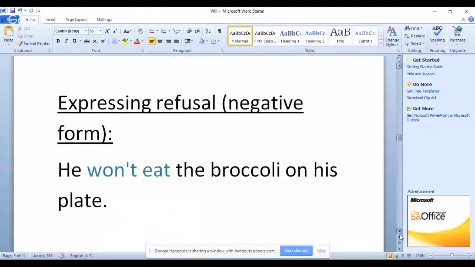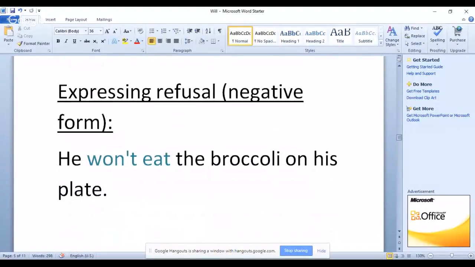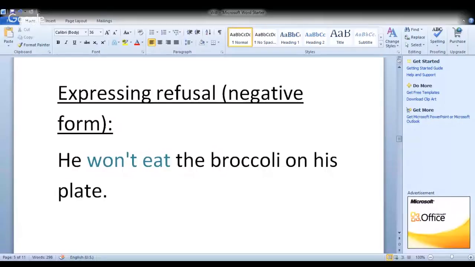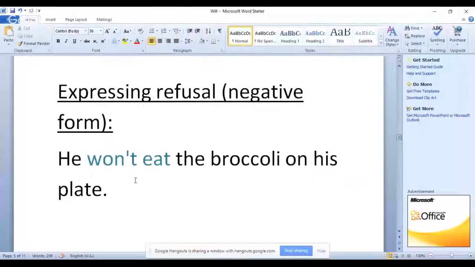All right, so now why don't you go ahead and read this for us? Expressing refusal, negative form. He won't eat. He won't eat the broccoli on his plate. So that's basically it. The kid won't eat. He will not eat the broccoli. So it's a refusal.